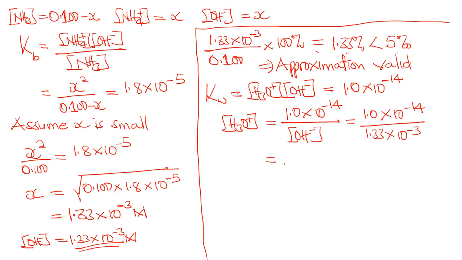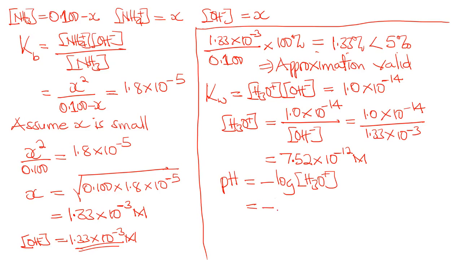This tells us that the hydronium ion has a concentration of 7.52 times 10 to the power negative 12 molar. Now, to obtain the pH, pH is always negative log the concentration of the hydronium ion.